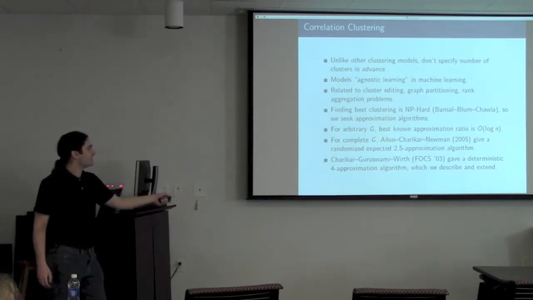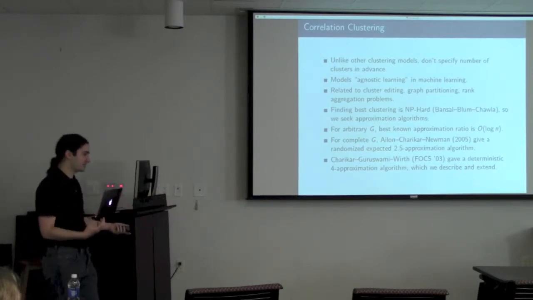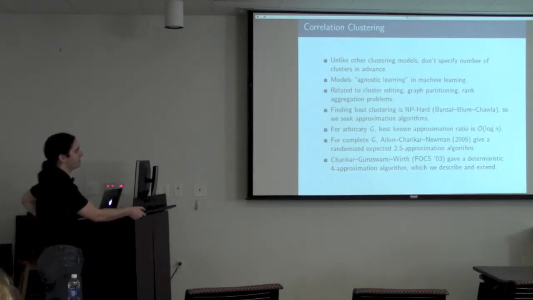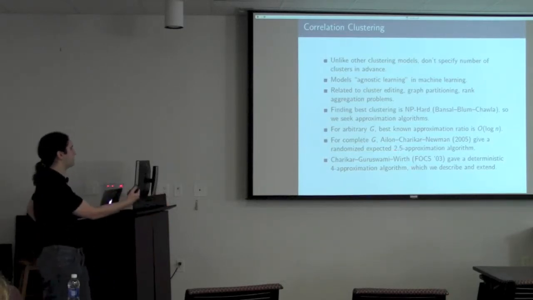If you assume that your graph is complete, which isn't making any assumptions about pluses or minuses, just that we have a judgment for every pair, that's an easier case to deal with. The best approximation algorithm, if you're willing to use a randomized algorithm, is due to Ailon, Charikar, and Newman, and we'll be talking about that somewhat later.